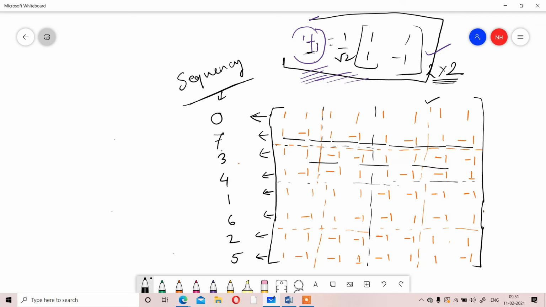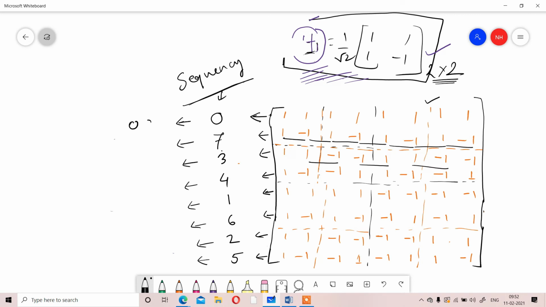Normally you can see that there is no pattern, but keep in mind, if we simply represent all the sequential order in gray code, I am not telling how to convert decimal code into gray code. Just check it. Simply represent all the sequential orders, which are in decimal, in gray code.